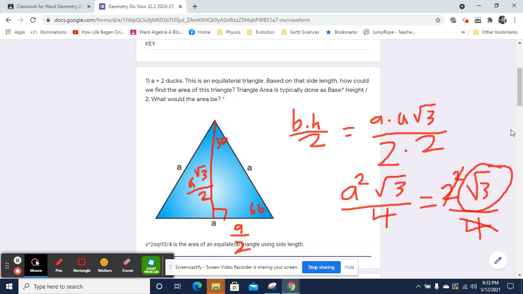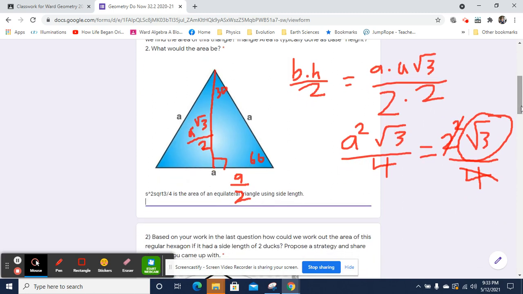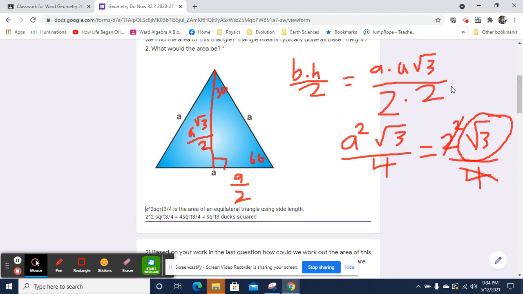And so therefore our area is going to be 2 squared, square root of 3, all over 4, which will be 4 square root of 3 over 4, which will just be square root of 3 ducks squared. Okay, and I'm going to move all that down so it's out of the way of that A over 2 that I drew. Now you can see it better. So that is the area. Square root of 3 ducks squared.